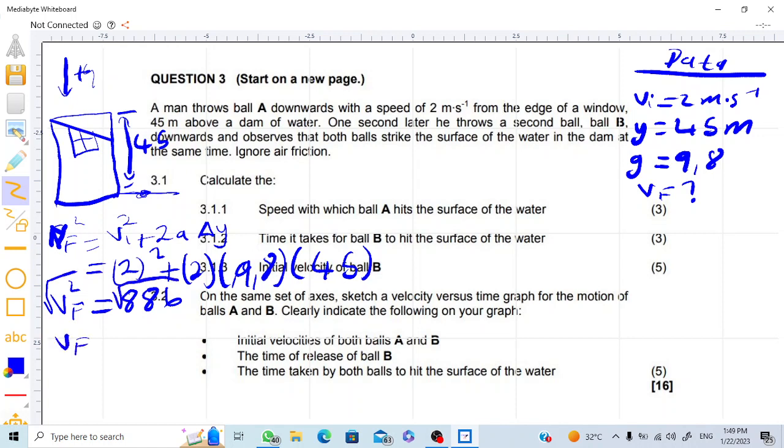Now VF is equal to something like 29,77 meters per second. Okay, now that's you answering the first question: calculate the speed with which ball A hits the surface of the water.